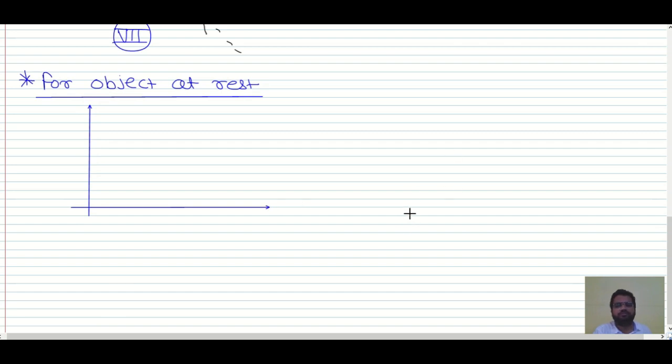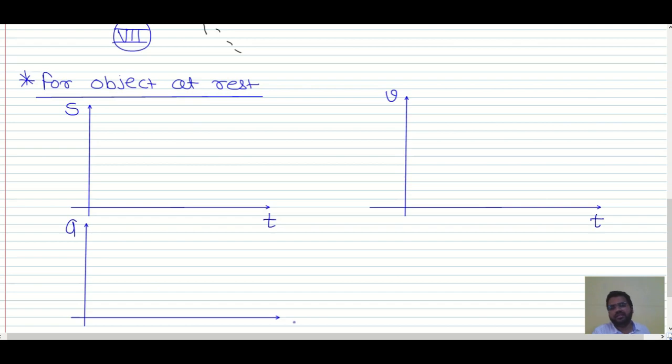Number two, the velocity time, and number three, acceleration time. So this is the displacement time, this is the velocity time, this is the acceleration time, displacement time or position time, whatever it is.